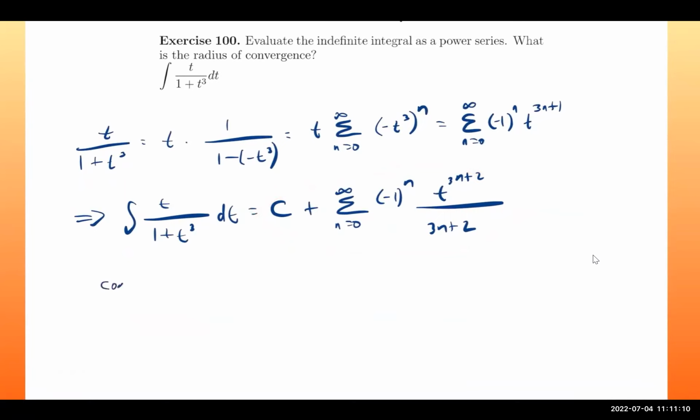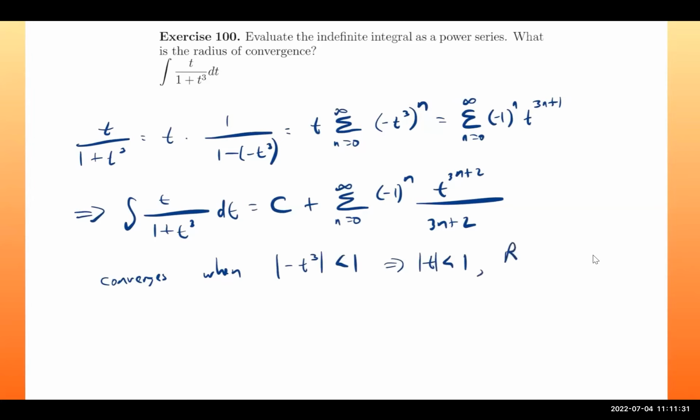All right, and we know that it converges when the absolute value of this part is less than 1, which means that when the absolute value of t is less than 1. And so that means that our radius of convergence is 1.